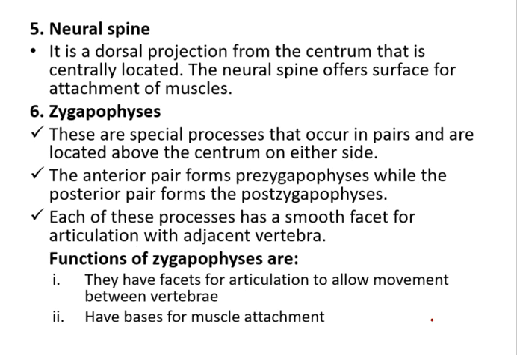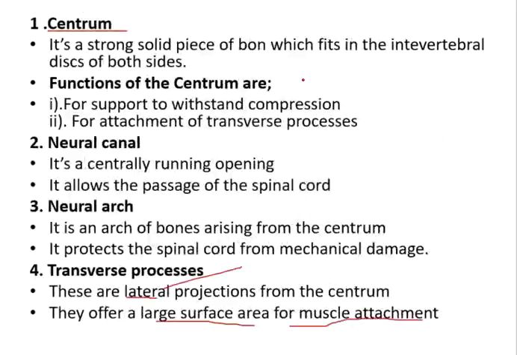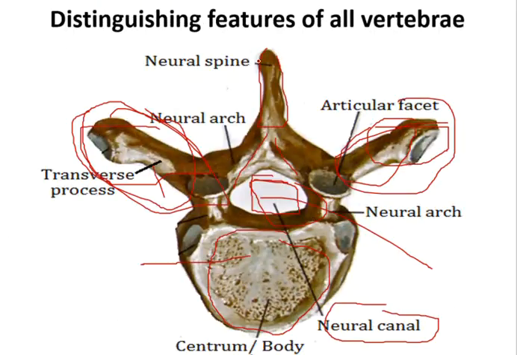Next, we have neurospine, and it is just a dorsal projection from the centrum that is centrally located, and it provides surface for attachment of muscles. Let's preview that neurospine. You can see it is at the center and dorsally located from this centrum.